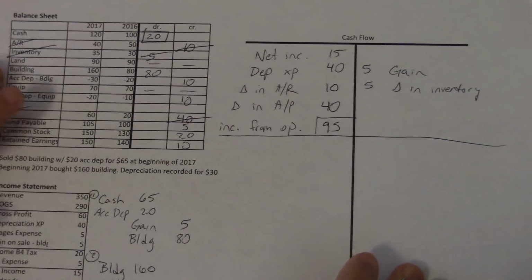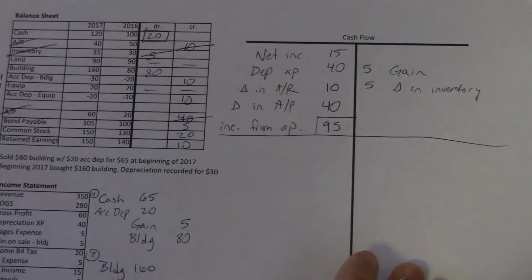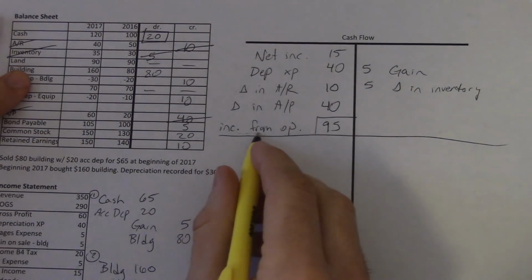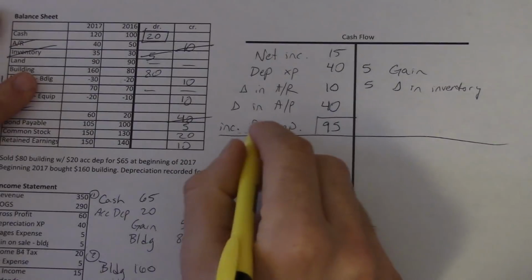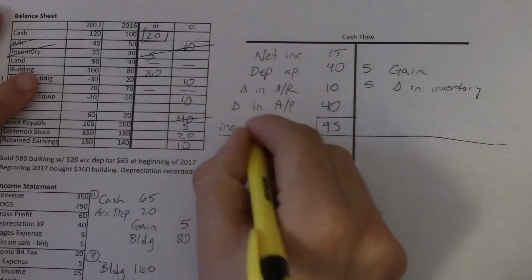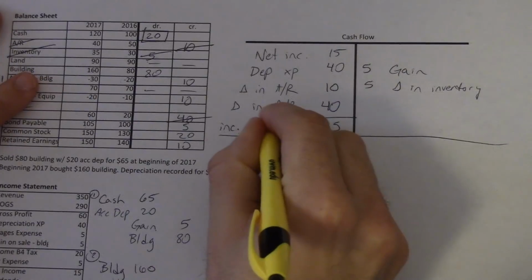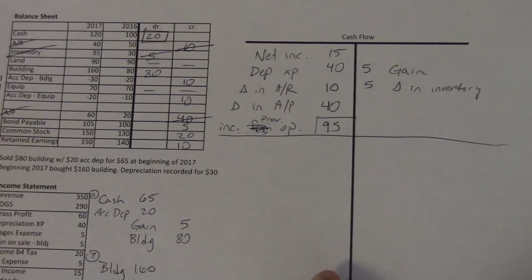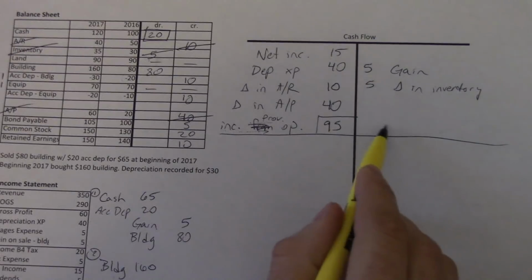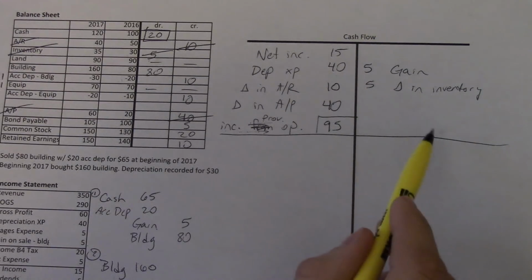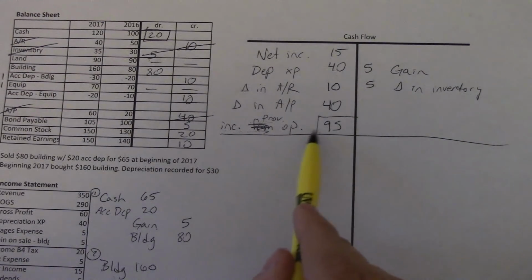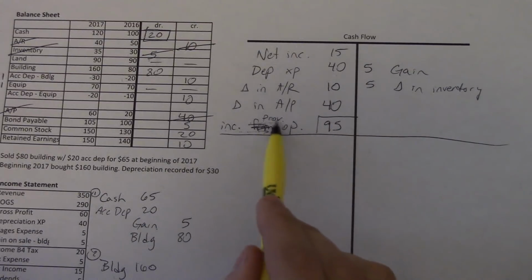There's our subtotal, 95. You can say income from, probably more what Wiley says is income provided, so I'll cross that off. Income provided by operations. If it was a credit, it would have been income used from operations. Since this is positive 95, it's provided.